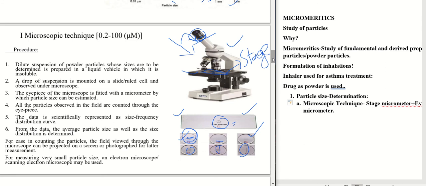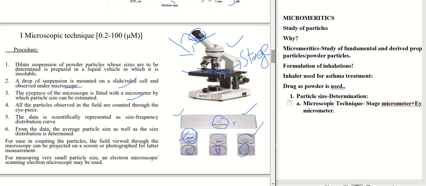A drop of that suspension is taken over the slide and it is observed under the microscope. Now the eyepiece of the microscope is fitted with the micrometer. That is already done during the calibration.